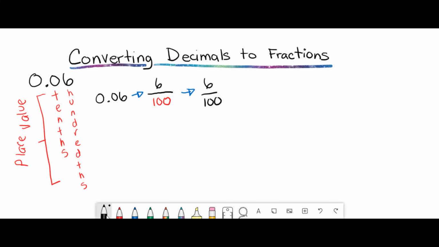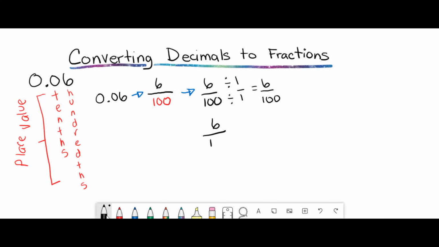And if I use the factor of 1, I'm really not doing anything to the fraction. Let me go ahead and show you. If I divide by my factor of 1, if I do that to both of them, 6 divided by 1 is 6. 100 divided by 1 is 100. So I didn't simplify anything here. So I have to do it again.